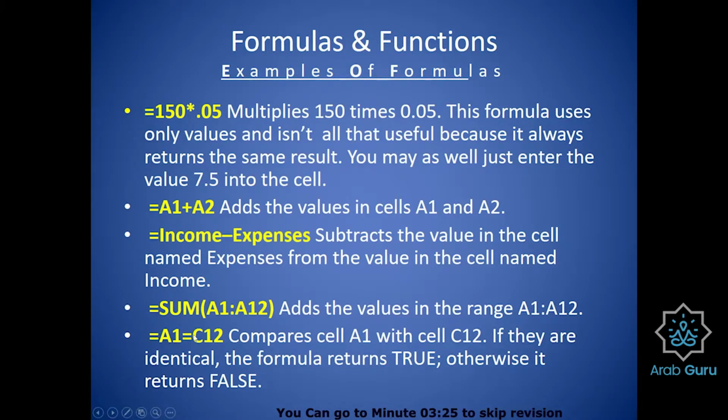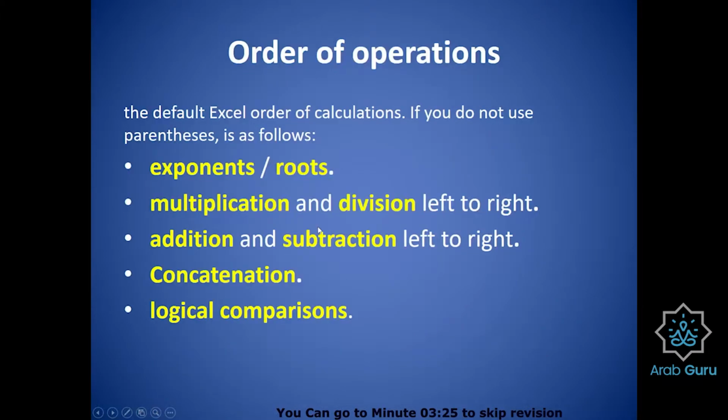All these are formulas except sum. Sum is a function, a ready-made function. That means it is a module written by Excel that will do a specific task. So all these except for sum are formulas. You can type them to check something or to get a result.